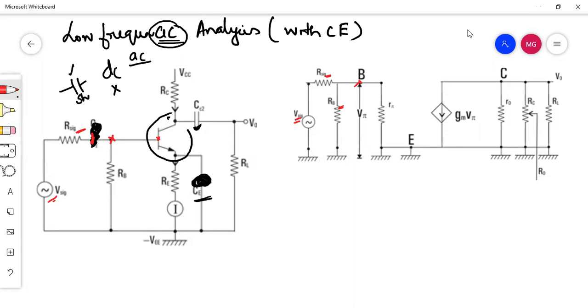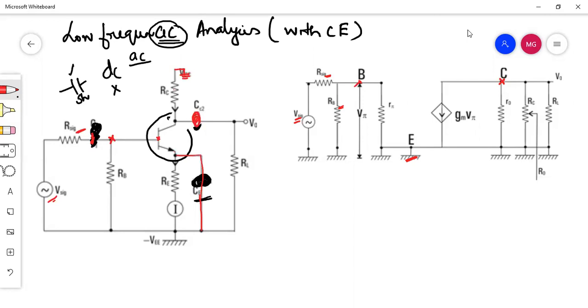Then connecting the emitter, this terminal has to be checked. That means the lower resistance path has to be used, so the short circuit path, that is short circuit. Then the collector. Towards the collector, the connections are RC and the DC supply, which has to be grounded. Either short circuit, so RL.